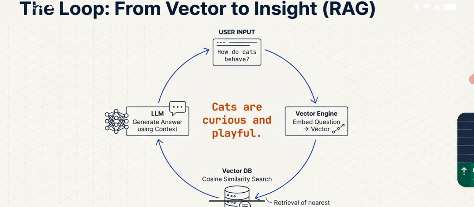While in the case of generative AI agentic solutions where we use vector embeddings, behave will be close to curious and playful based on meaning and semantic similarity. Curious and playful is a behavioral attribute, so it will be able to find this vector close to the question vector, how do cats behave, and it will be returned in the results, right? And this input is then given to the language model to draft the output for the user.